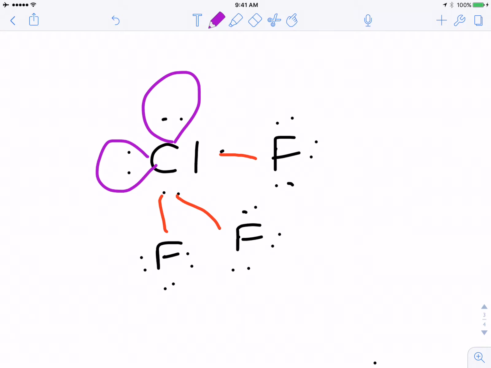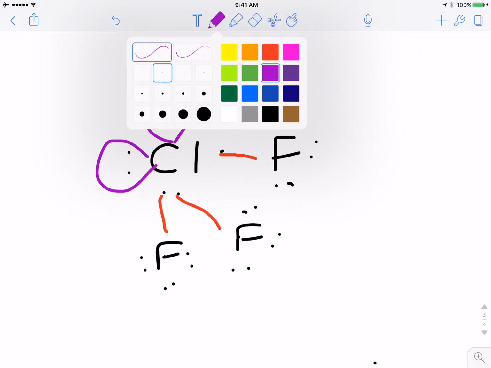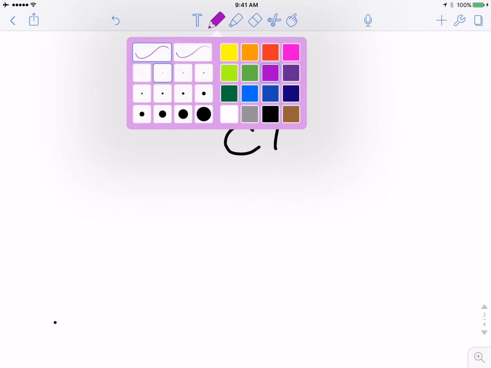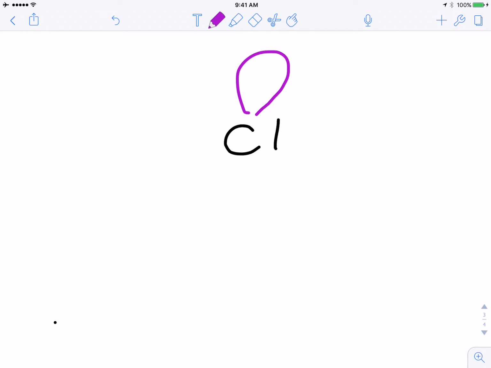There's bubbles. So I'm going to redraw this in a little bit more specific geometry. Chlorine is going to have those two balloons, and they're going to repel themselves the most that they can, pushing all the way apart from each other, 180 degrees away from each other.